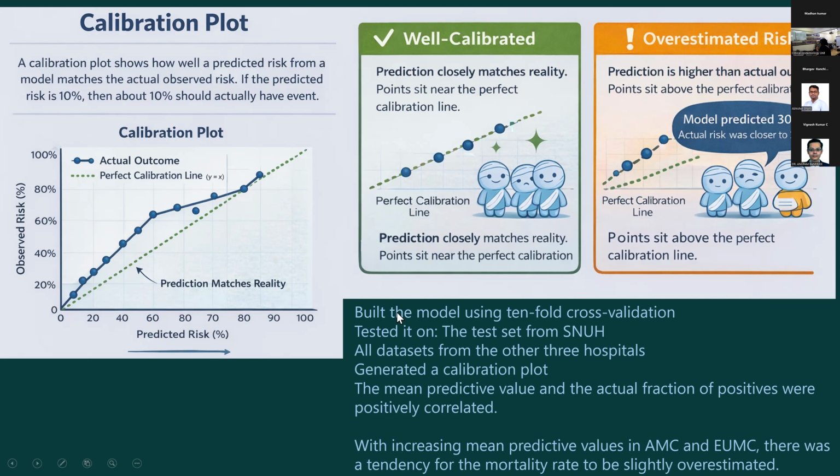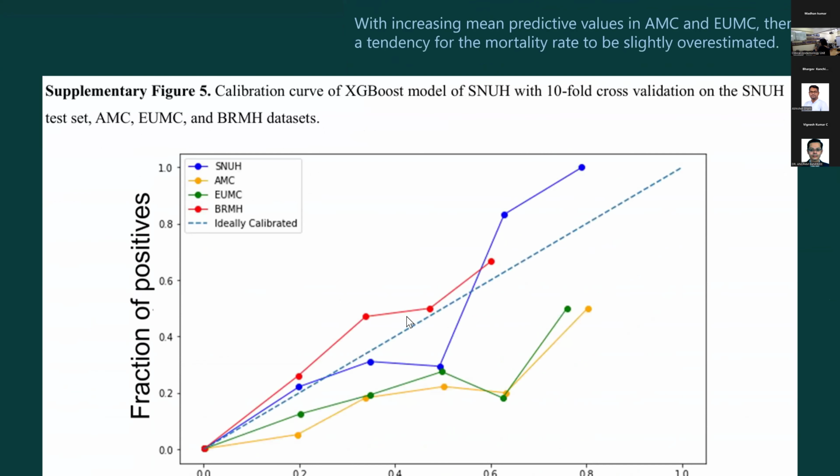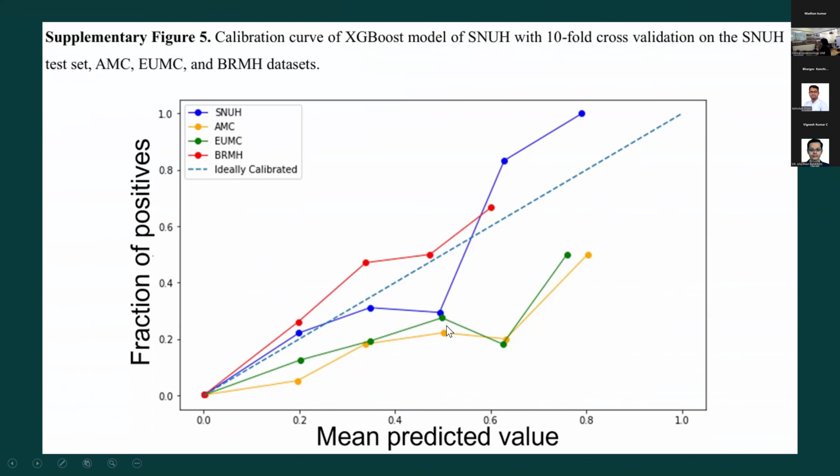In this model, they did a 10-fold cross validation and tested it on data from SNUH and generated calibration plots. When we see the predictive value and the actual fraction of positives, they were positively correlated, and for AMC and EUMC, the mean predictive values had a tendency toward overestimation. So this is the calibration plot here.